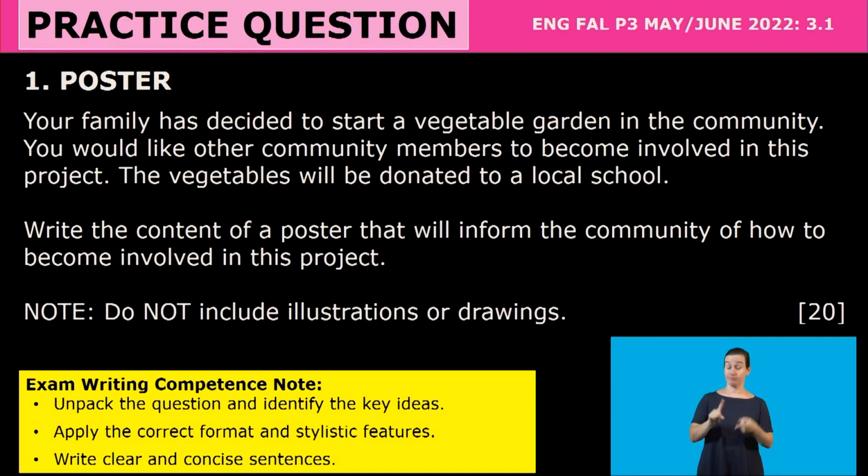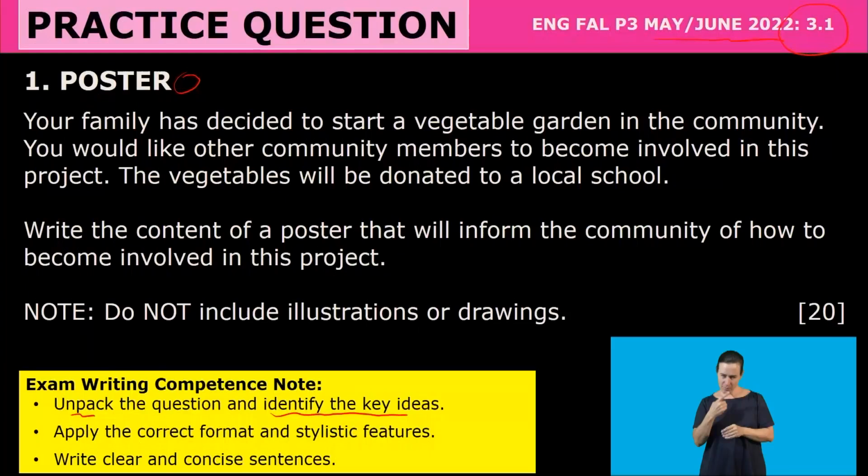We are doing a poster, and this poster is from the May-June 2022 question paper. This was question 3.1. When we're reading our question, we should always look out for signposts that will guide us in our writing. We unpack the question, identifying key ideas so that we can apply the correct format and stylistic features for each text. Your family has decided to start a vegetable garden.